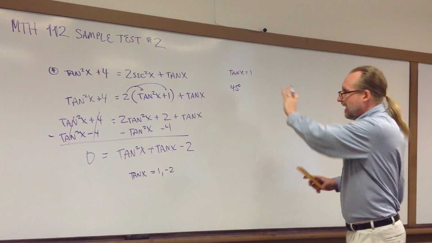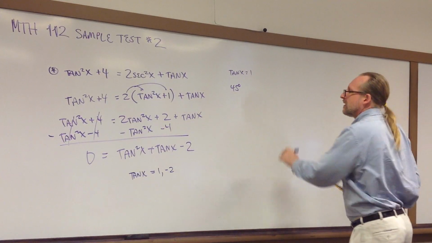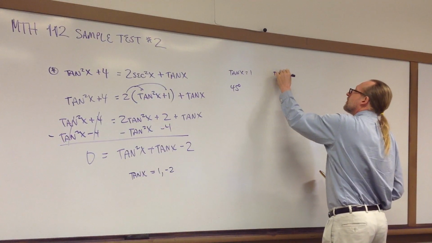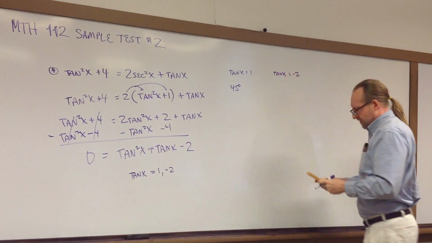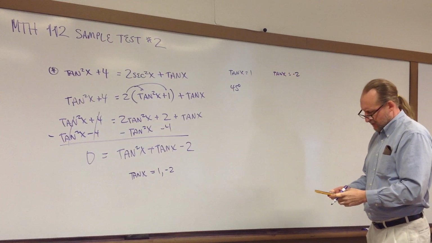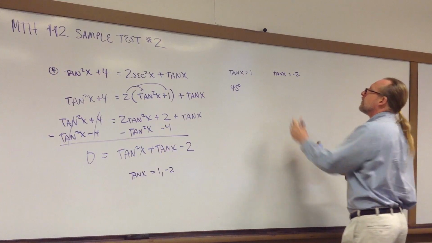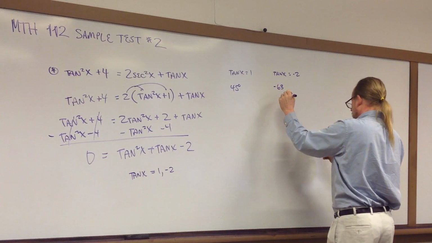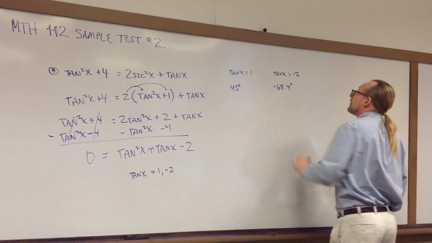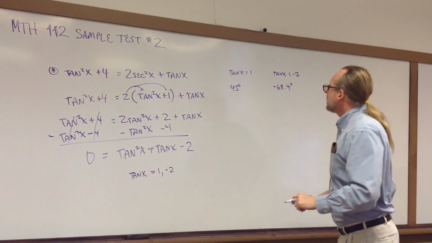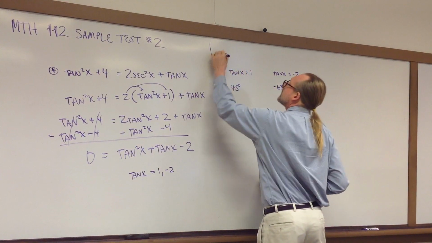And I'll come back and find the other angle in a minute, for tangent x equal to negative 2. If we do inverse tangent of negative 2, we get an answer of negative 63.4 degrees.